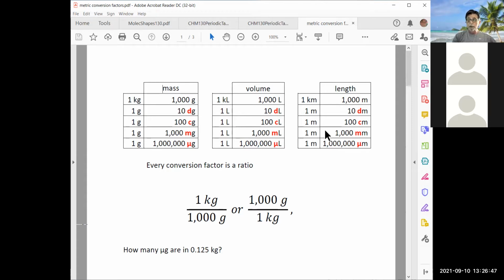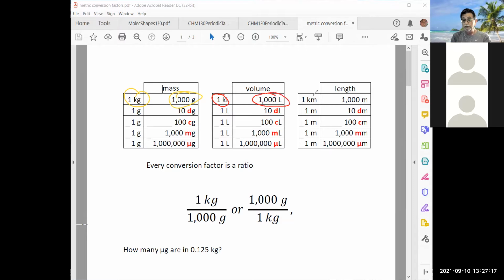Now, what we have here is conversion factors. We know that 1 kilogram is equal to 1,000 grams. Let me change the color here. Guess what? 1 kiloliter is also equal to 1,000 liters.